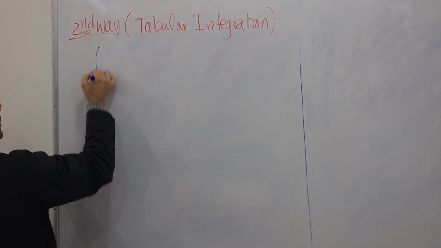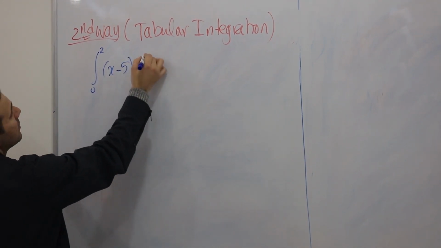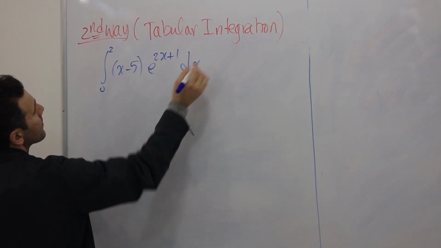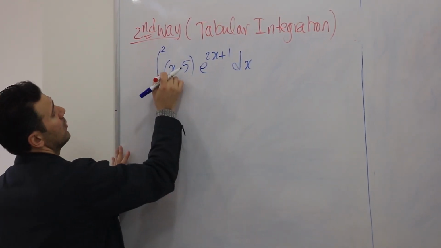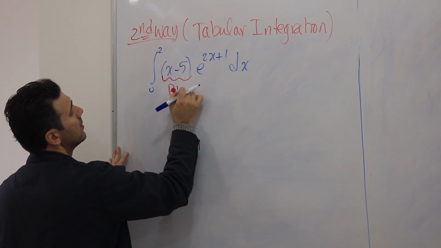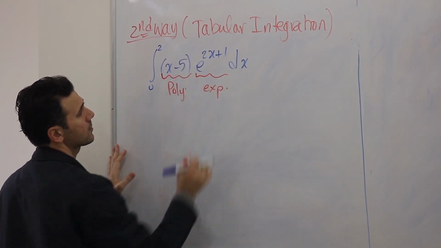Again, let me write down the given, which is x minus 5 e to x plus 1 dx. We use this method usually when we have a polynomial here and an exponential function here.